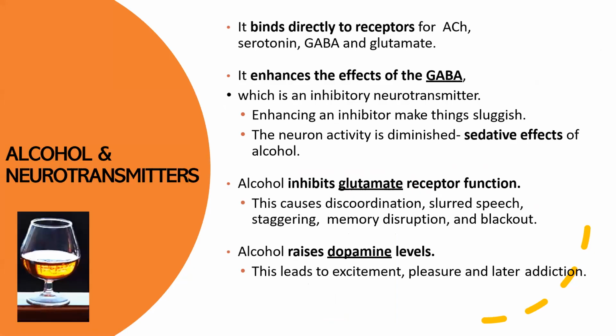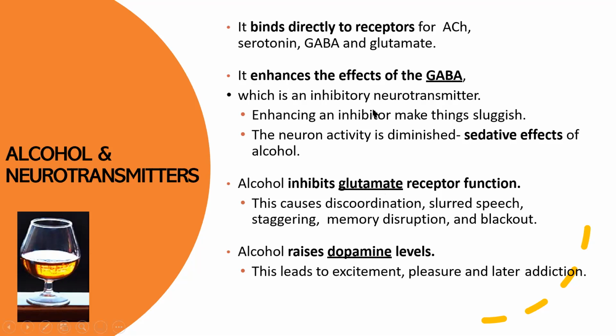So it causes sluggishness and decreased activity, and alcohol can also inhibit glutamate receptor function and cause disorientation, lack of cohesion when you are talking, and memory disruptions and blackout. It also raises dopamine levels. So these three I talked about: GABA, glutamate, dopamine. Dopamine causes excitement.